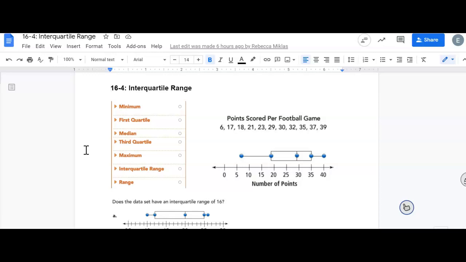I want you to talk with your neighbor, and I want you to decompose this interquartile range and see if you can figure out what it means. If you look on your guided notes, we are looking at box plots. So, break down interquartile range to see if you can figure out how to find it. Go.